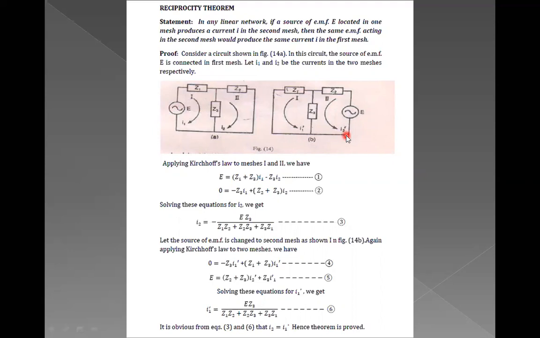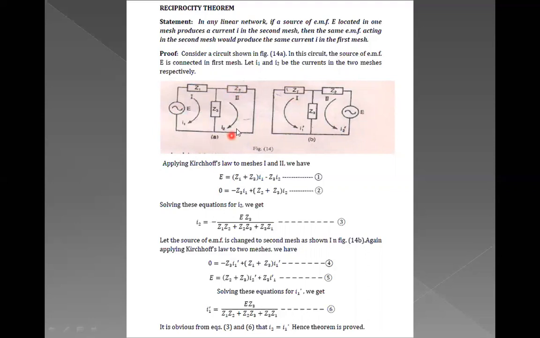So we can repeat it saying that in a linear network, if a source of EMF E located in one mesh produces a current I in the second mesh, then the same EMF acting in the second mesh produces the same current I in the first mesh. So if this is the I value, this should also be the value of I if the same EMF is placed in the second mesh.